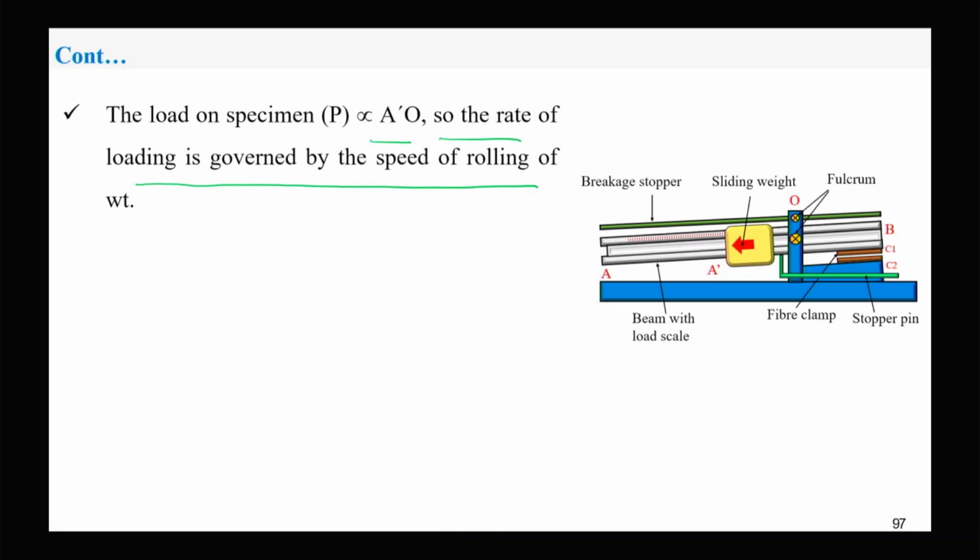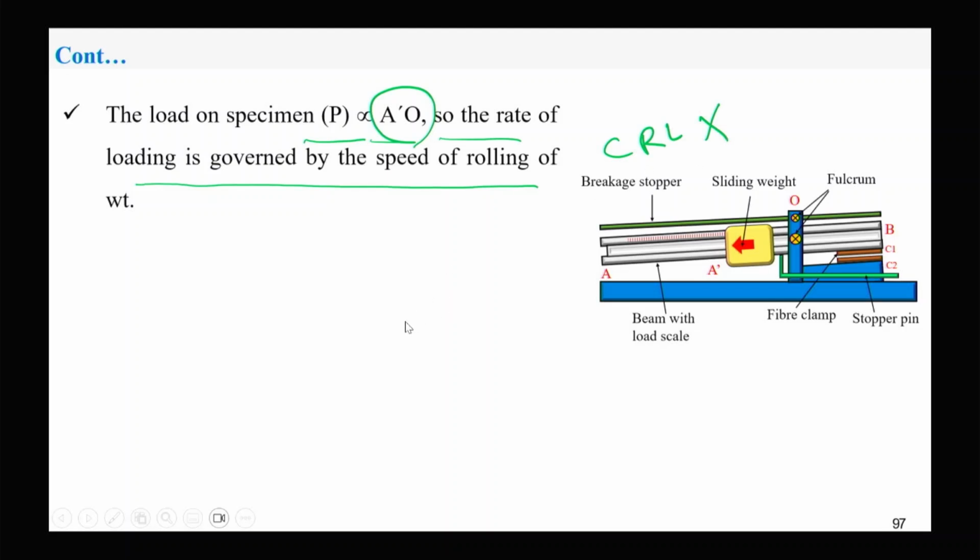Okay, so speed is not constant. So rate of increase of A dash O is not constant. So we cannot call this instrument a CRL principle. Constant rate of loading principle is not being followed.